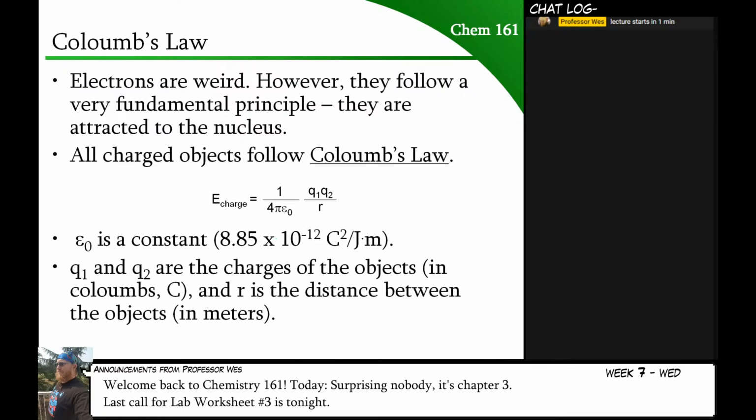We all know what pi is. Epsilon naught is the permittivity of vacuum. This is how effectively charge permeates through space. And we don't care about it. We're going to ignore it. In fact, we're going to reduce this equation down to the following terms.